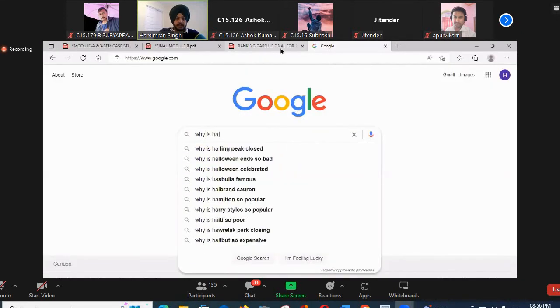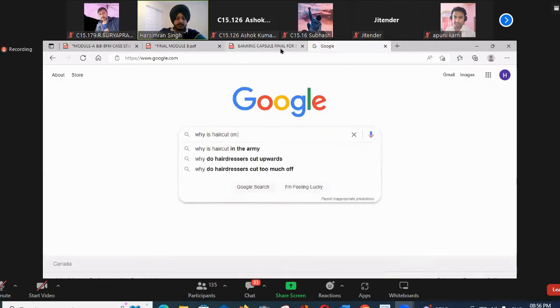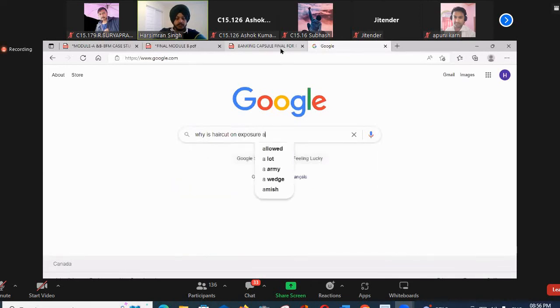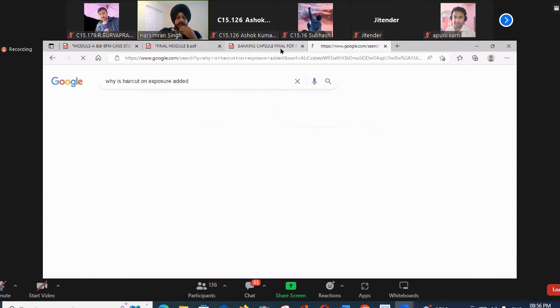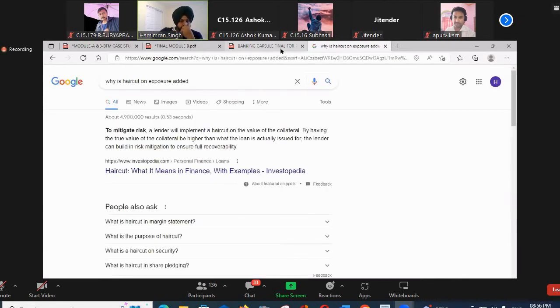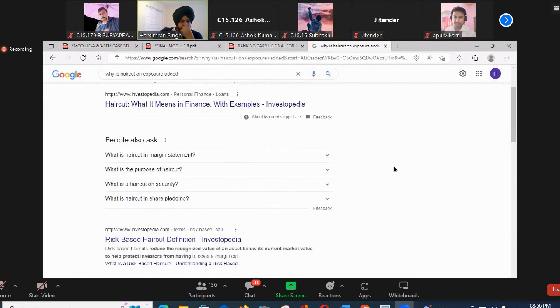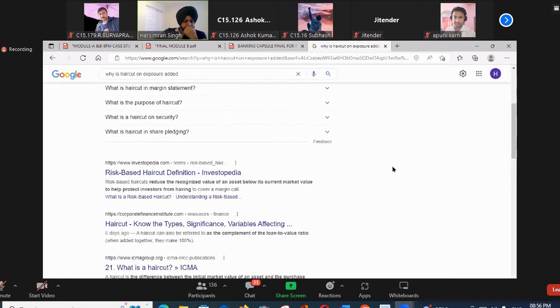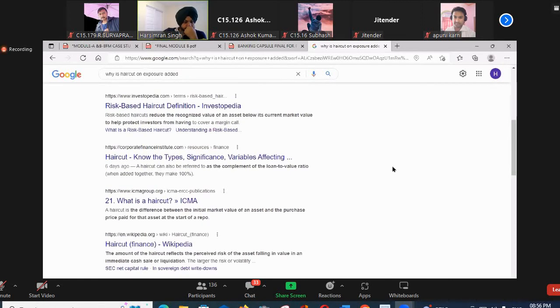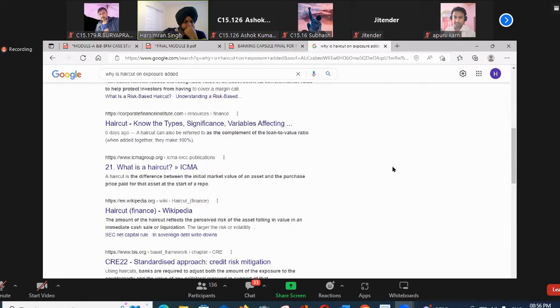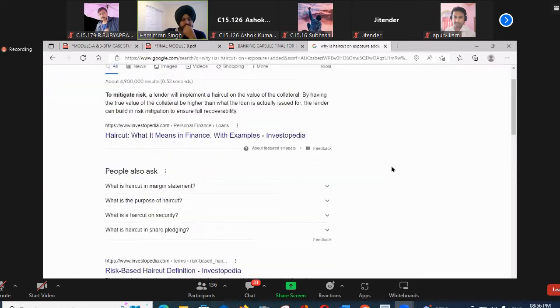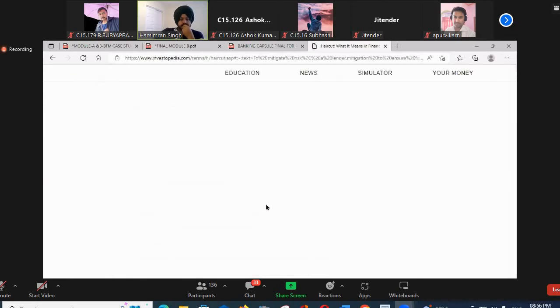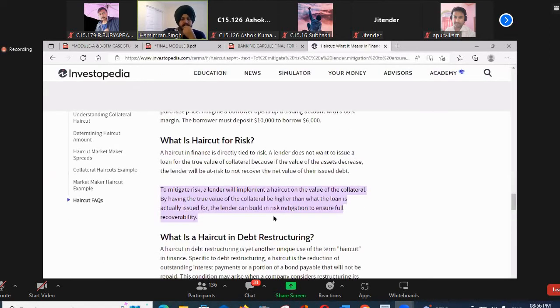Why is haircut on exposure added? कोलैटरल का ही दिया है इसने ना, एक्सपोजर का दिया नहीं है. ये कोलैटरल का है.